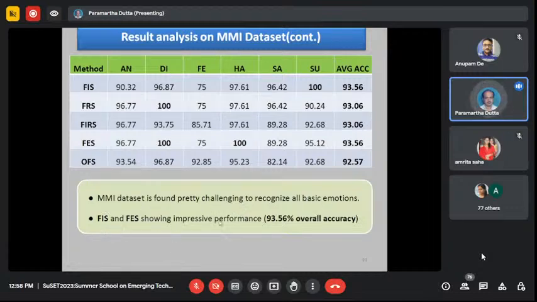FIS and FES show impressive performance, impressive with respect to their other counterparts, but please look, this is 93.56%. So the best one is to the tune of 93.56%. That is why it is called pretty challenging, in terms of the way different benchmark data are made available.